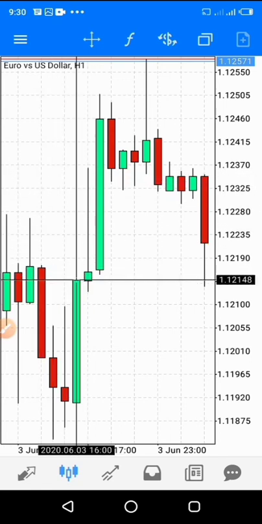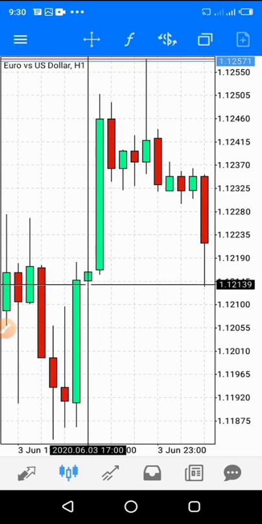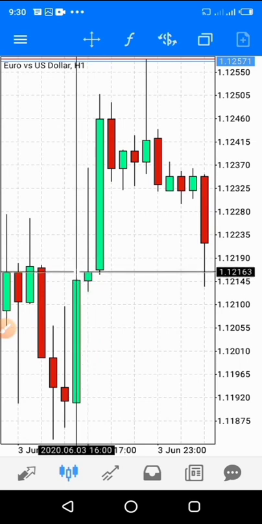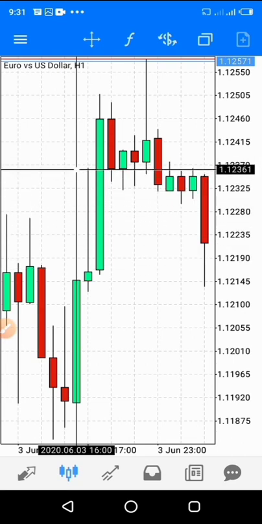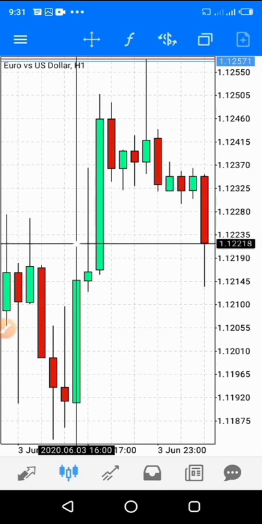What does it mean? It means that when the market started at this level, price went up and operated within this range for a while, but the presence and influence of sellers came and drove the price down.